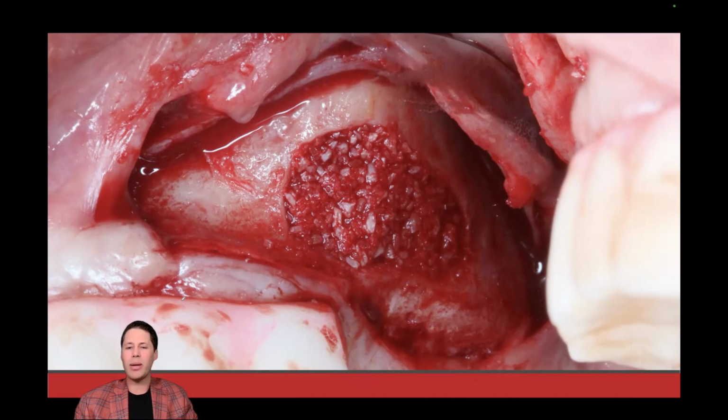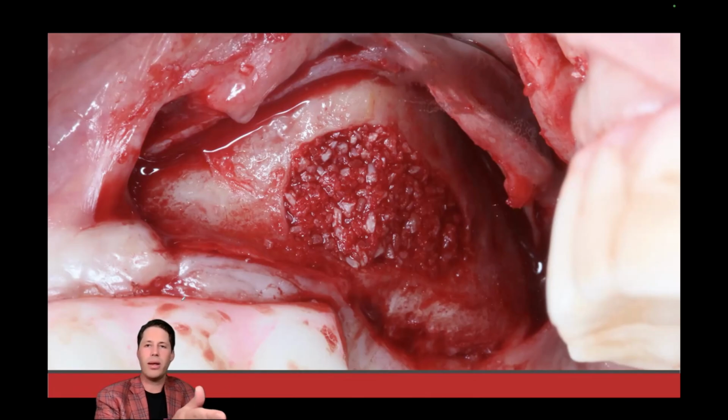The other thing that I do when I'm placing my graft is I load the graft up into a syringe. I get the syringe as far into the sinus as I can, and then I push the syringe and the bone graft comes out. As the bone comes out, I will change my instrumentation to a number 9 periosteal, and I'll turn it onto its side, and I'll push the bone distally, and then I'll push the bone mesially, right?